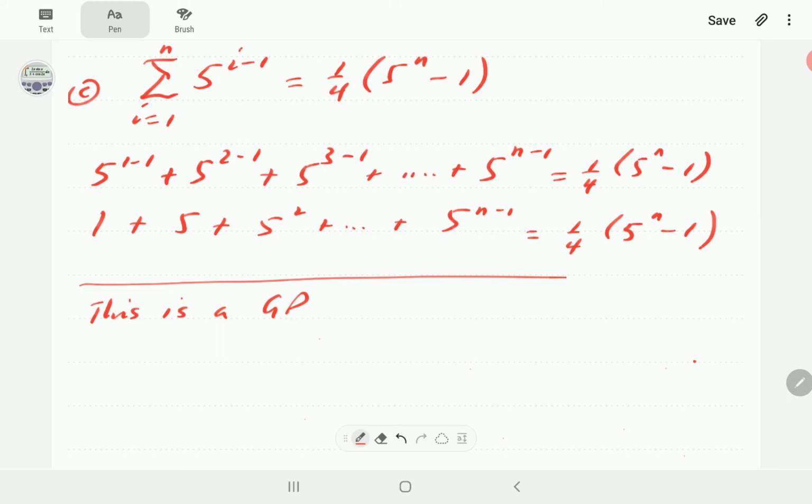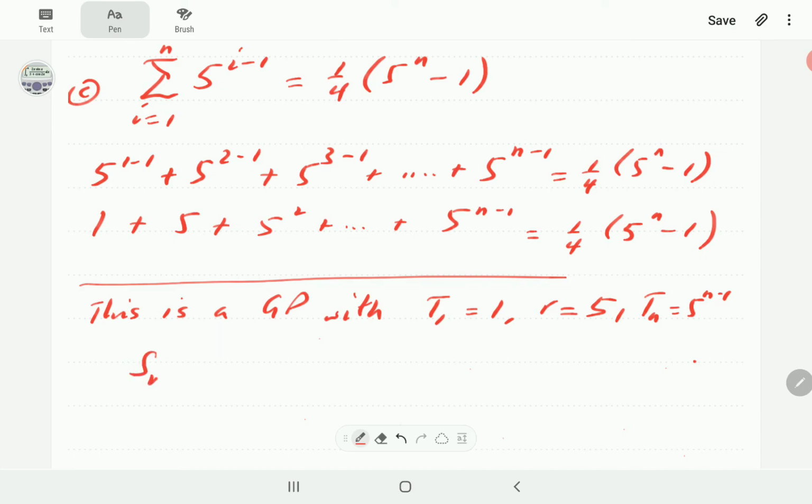And had the question not specified use mathematical induction, we could prove this using the approach of GPs. r is equal to 5. The nth term Tn is 5 to the power n minus 1.